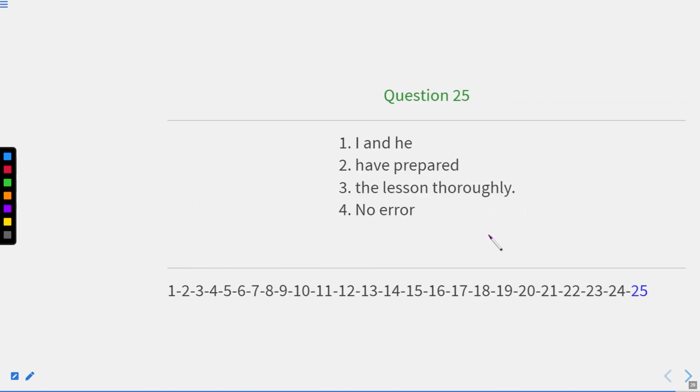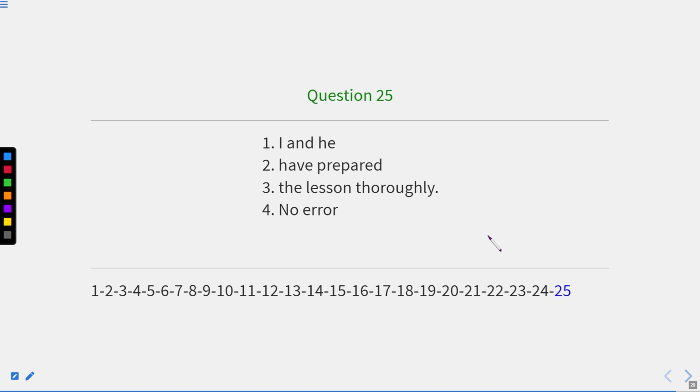Okay, now let us move to the last question, that is question number 25. I and he have prepared the lesson thoroughly, and I told you that we should write the sequence like 2 3 1. So this sequence should be he and I. Okay, so the correct answer will be first, where this I and he should be replaced with he and I. According to the concept that we have already discussed in our earlier questions, if the work is positive, we need to write 2 3 1 rule.